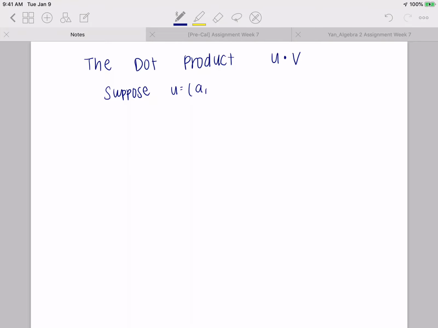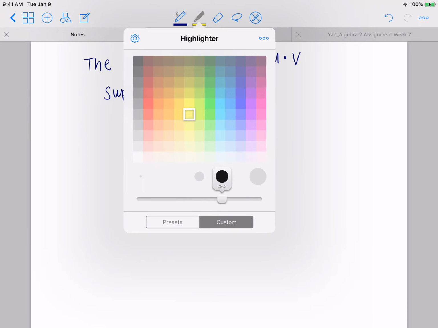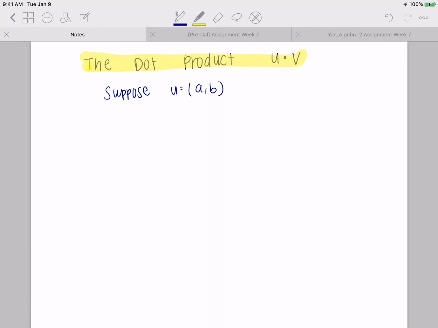Suppose we have u equals a comma b, and we have v equals c comma d. Whenever you want to multiply your two vectors together, it actually just turns into one number.